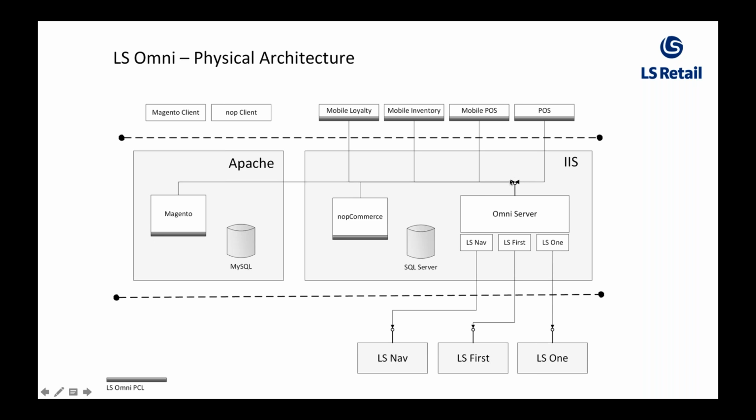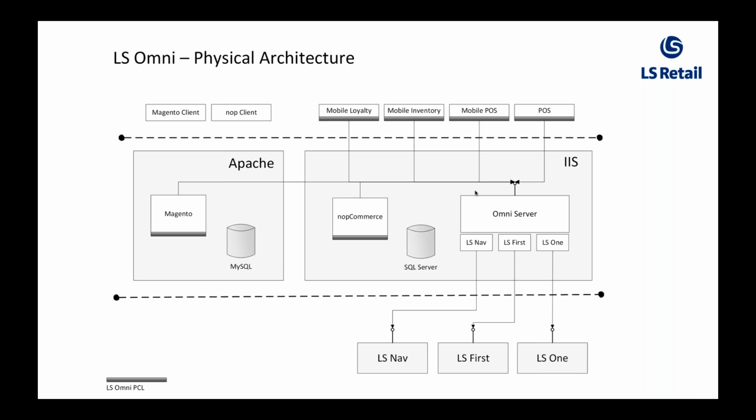So what this means is that you have total flexibility in connecting to LS Omni from the customer-facing solutions, meaning that if you have a third-party e-commerce vendor that you need to connect to LS Omni, or if you have a connection with a very good app creating company, and you would like to do a loyalty app from them instead of utilizing the base core of the LS Retail loyalty app, then no problem.